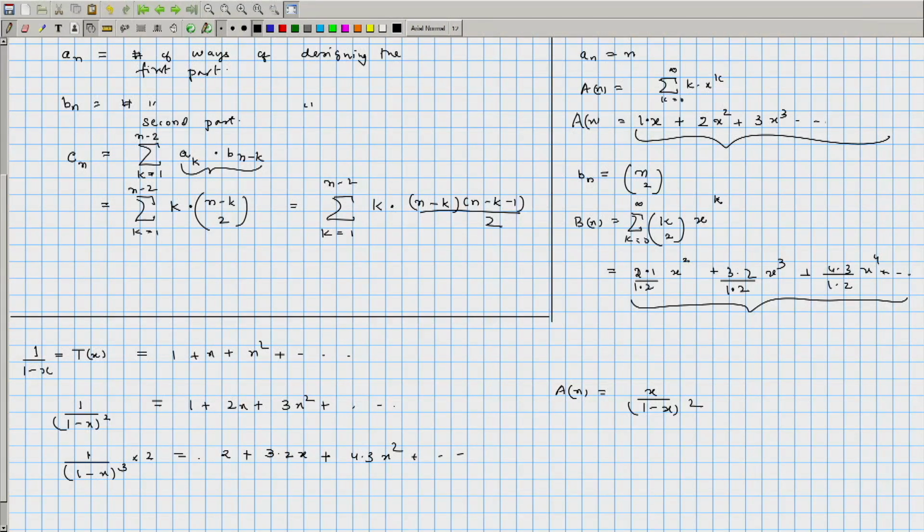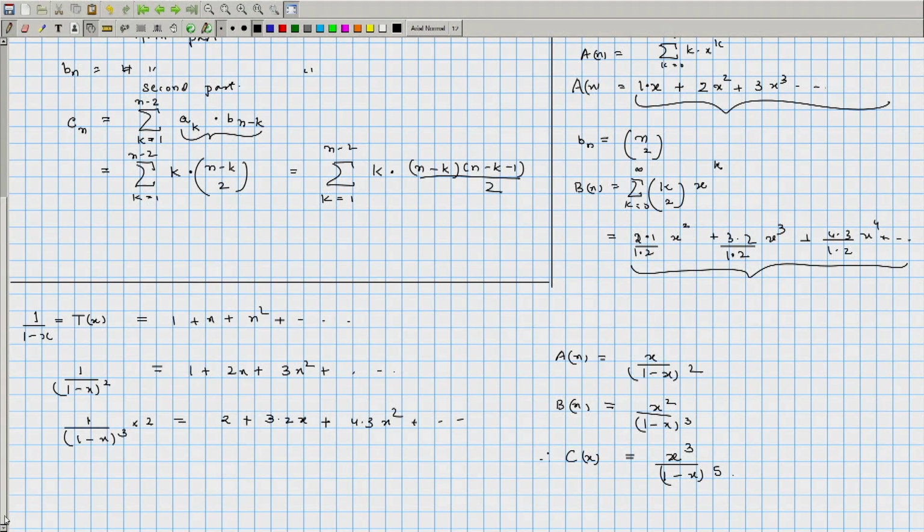So, if you just supply the missing terms, all that one has to do is multiply both sides by x square by 2, we will get Bx is equal to x square by 1 minus x the whole cube, and therefore, Cx is just going to be the product of Ax and Bx, that is going to be x cube by 1 minus x raised to 5.